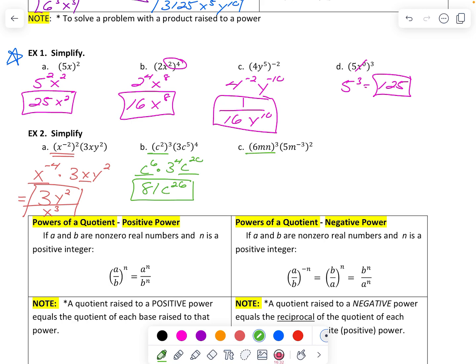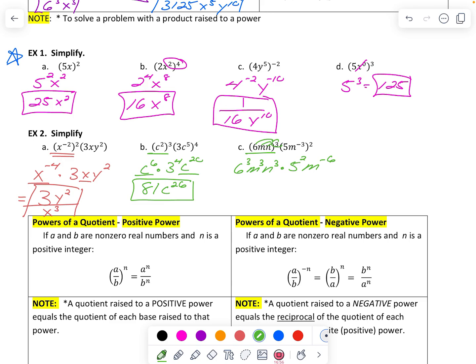Here, I have a calculator, so we'll do it. 6 to the 3rd, m to the 3rd, n to the 3rd, distributing that 3 to each term. And then this is times 5 to the 2nd, m to the negative 6th.